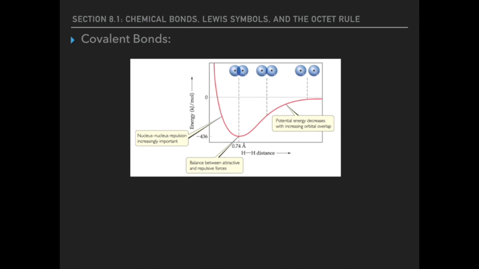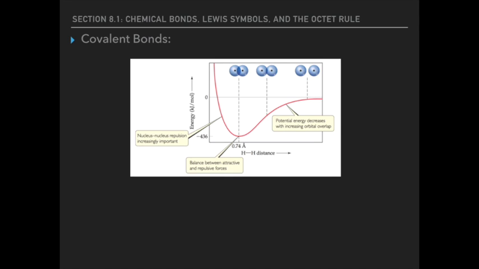Now, as those atoms get closer and closer together, as you move across and to the left on this graph, you'll see that the potential energy is decreasing. And as the distance between these atoms decreases, the strength of the bond actually increases, and that can be seen in the negative value for the potential energy. So the more negative the potential energy, the stronger the bond is.